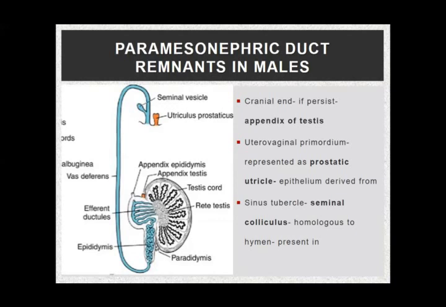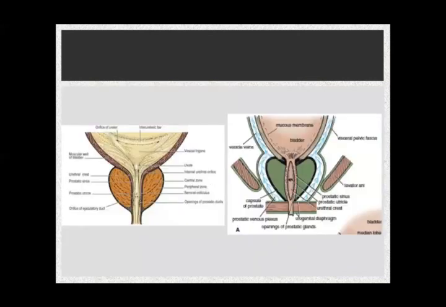Now, the two paramesonephric ducts join together and form a uterovaginal primordium. It develops in males too, but only a remnant remains, which develops into the prostatic utricle. If you remember, this is the prostatic part of the urethra, and over here is the prostatic utricle.